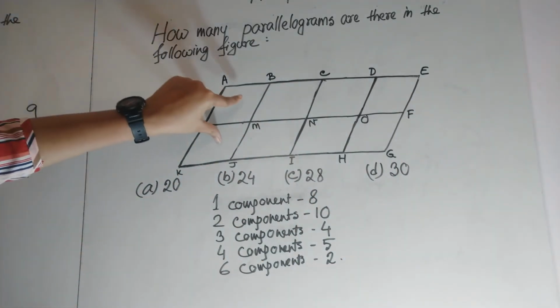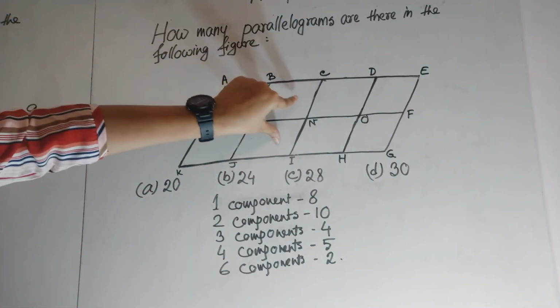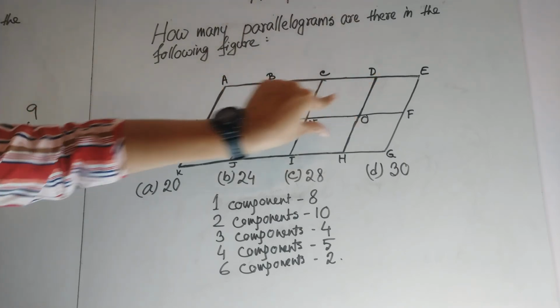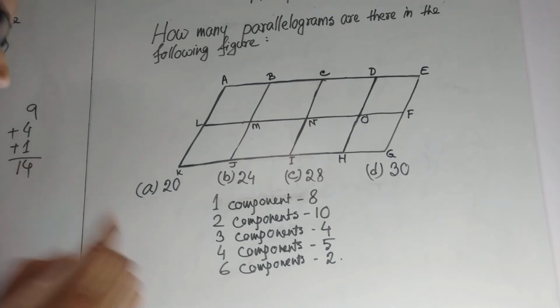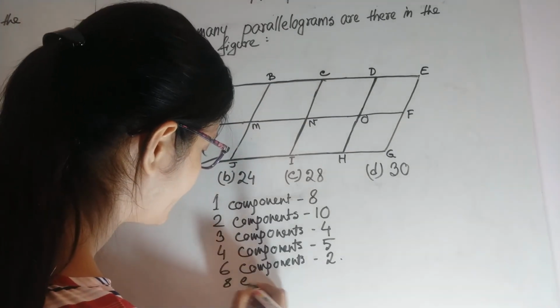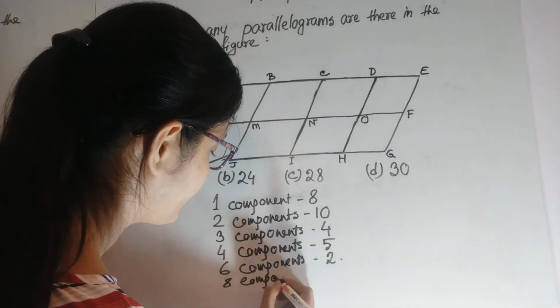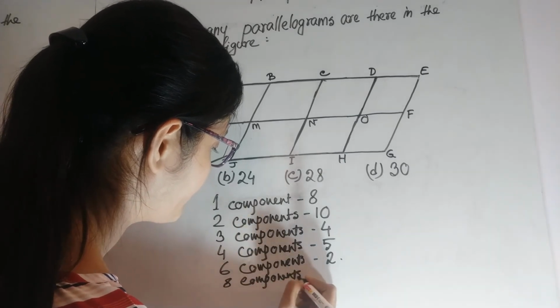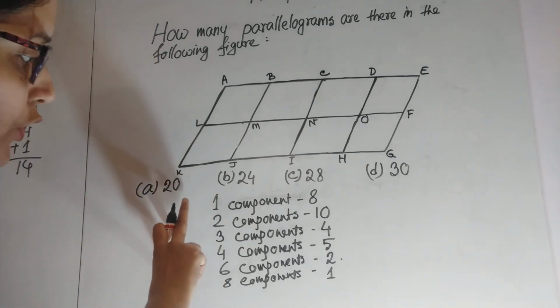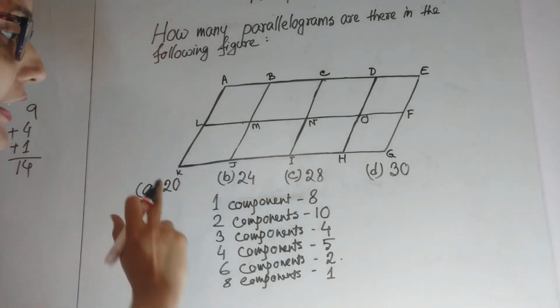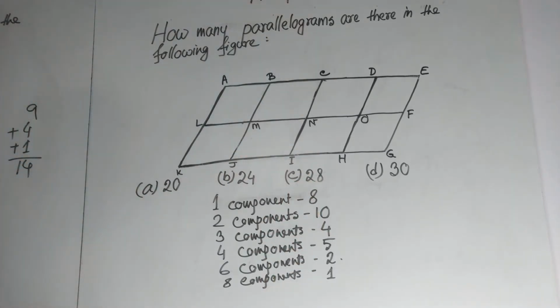And only one parallelogram is there which is composed of all the 8 components. Therefore, 8 components, only 1.